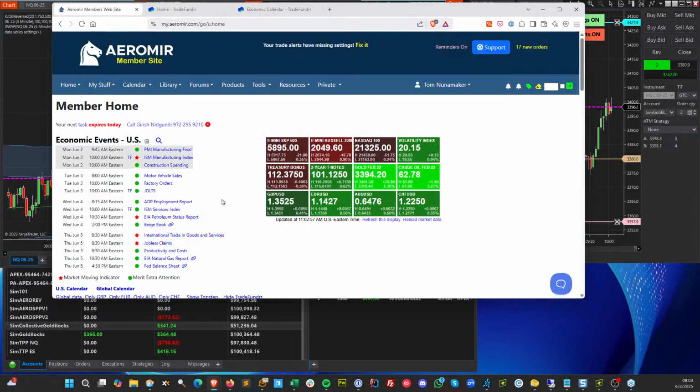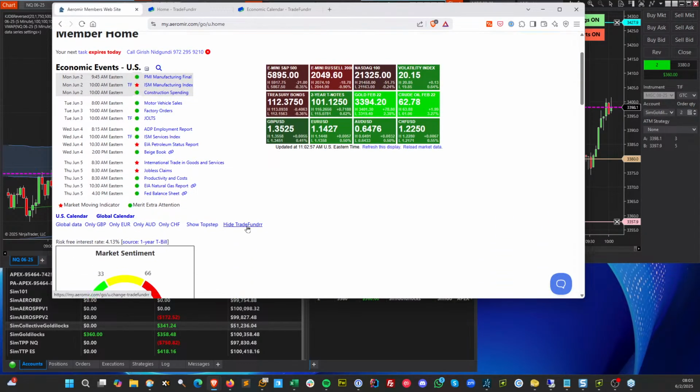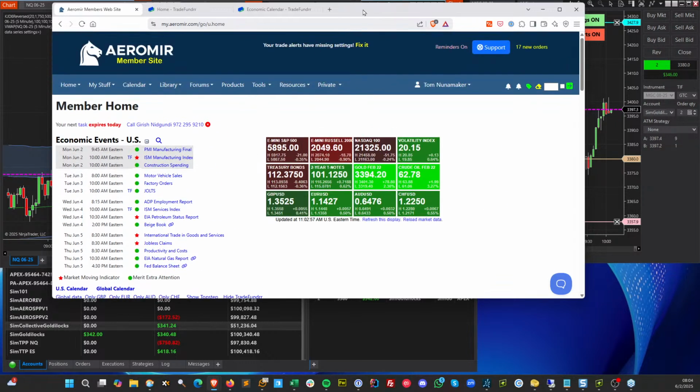So on the Aeromir homepage, I have a thing. If you're using Trade Funder, you can see where these Trade Funder events are and when they are. So the one we just had, if you're doing a Trade Funder account, you had to be flat for that. And tomorrow JOLTS, and then Wednesday ISM services. So there's that.